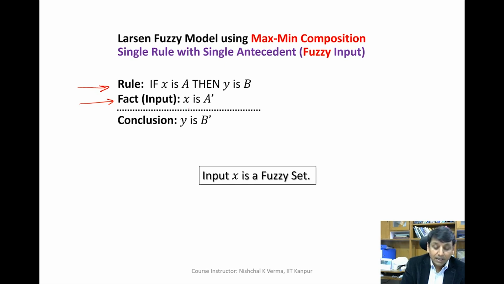If any unknown input comes as the input to this model, and this input, please understand, is a fuzzy input, meaning a fuzzy input is fed to the fuzzy model, what will be the corresponding output for this unknown input?